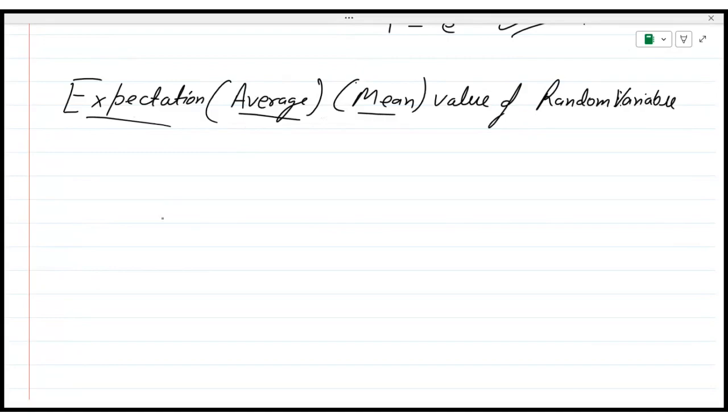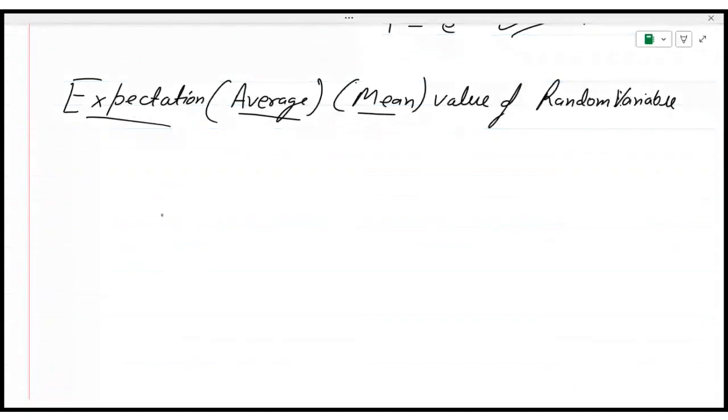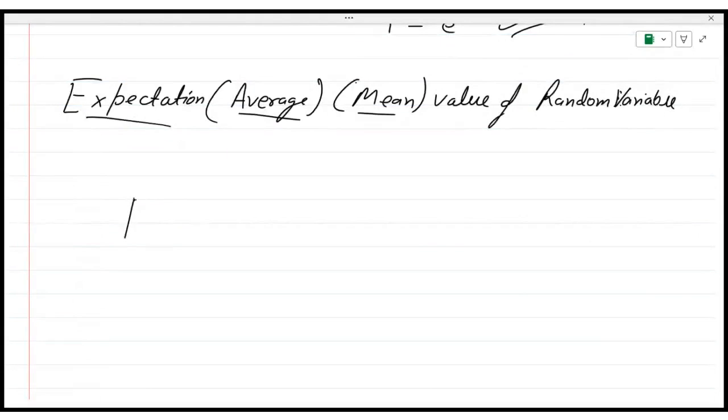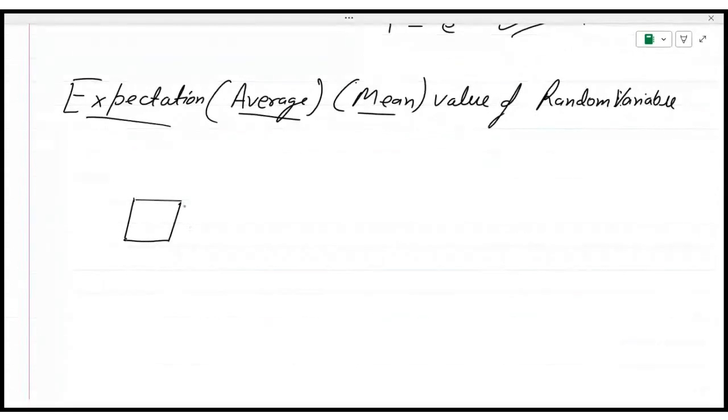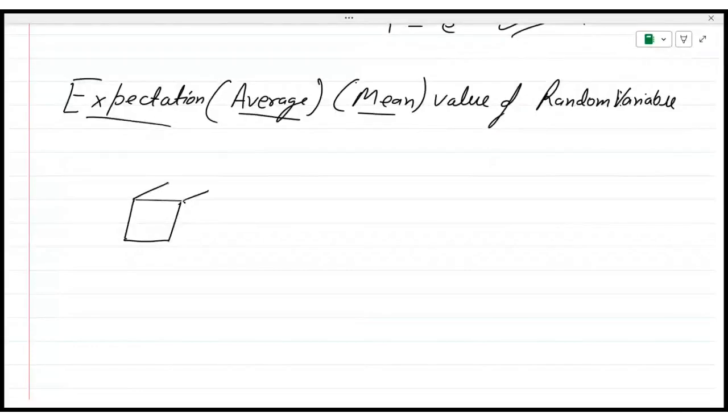Okay. So to explain this to you, what I will suggest is that all students do this activity on your mobiles. Or if you have a laptop, open a virtual dice. Open a virtual dice, everyone. Okay.